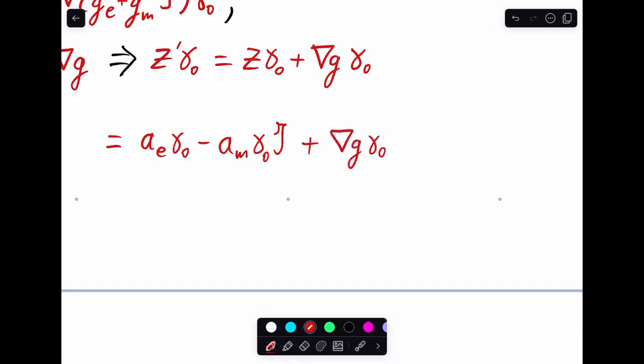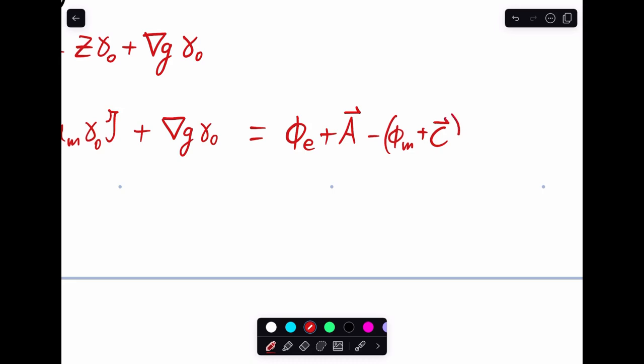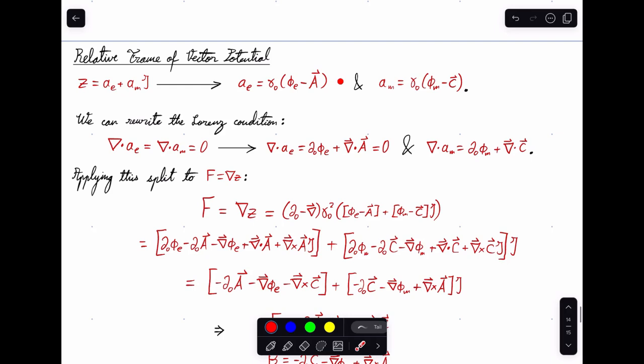We'll expand this out near the end, and this is equal to expanding out AE, FE plus A, and then minus FM plus C I, and then the gammas here cancel out with the gammas here, because when you commute the gamma over to the right, this becomes a positive sign.